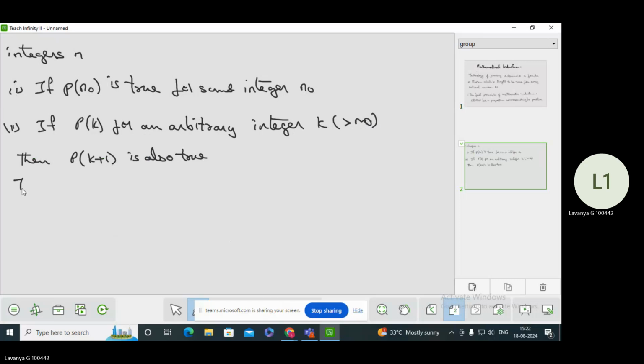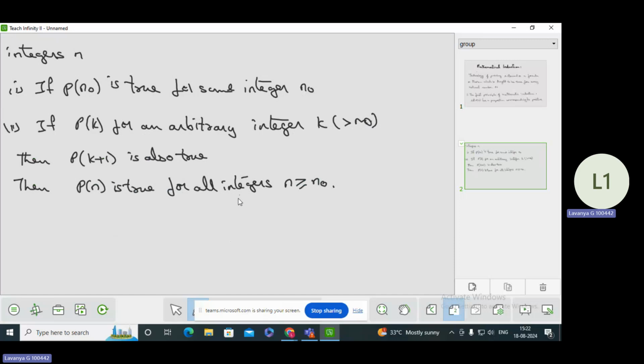Then we conclude P of n is true for all integers n greater than or equal to n naught. This is the first principle of mathematical induction.